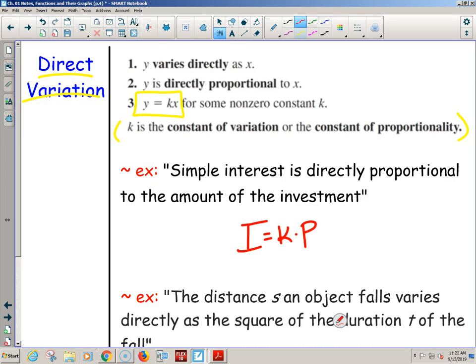Do you guys know what those letters stand for? I stands for interest. Do you know what P stands for? Principal.